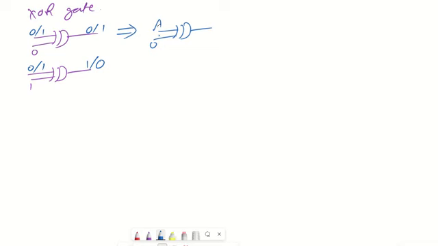If my input is A, whether it is 0 or 1, my output will be the same A. So this is acting as a buffer. If you want to implement a buffer using an XOR gate, you tie one of the inputs to 0, and the other input gives you the output same as the input.